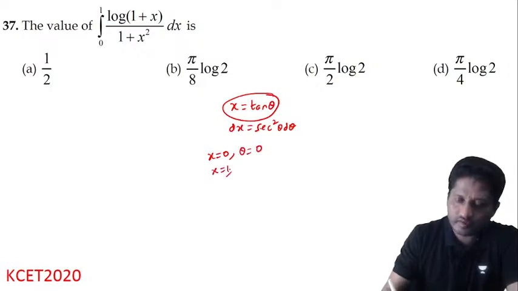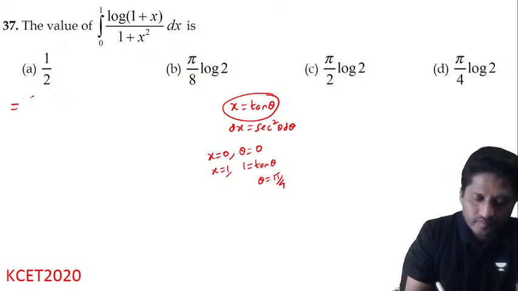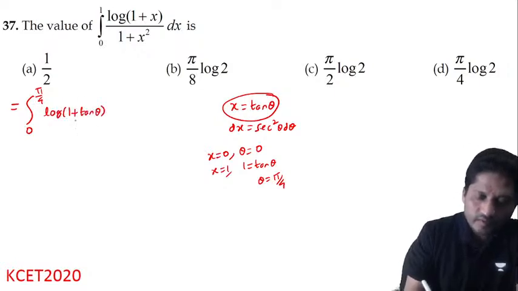If x is equal to 1, 1 is equal to tan theta, so theta is equal to pi by 4. So this becomes 0 to pi by 4, and then you get log of 1 plus tan theta divided by 1 plus tan square theta, and dx is equal to sec square theta d theta.